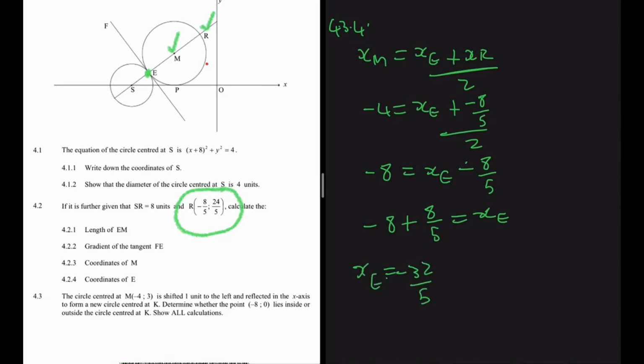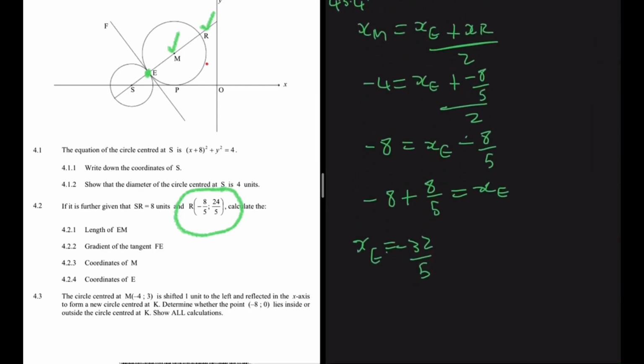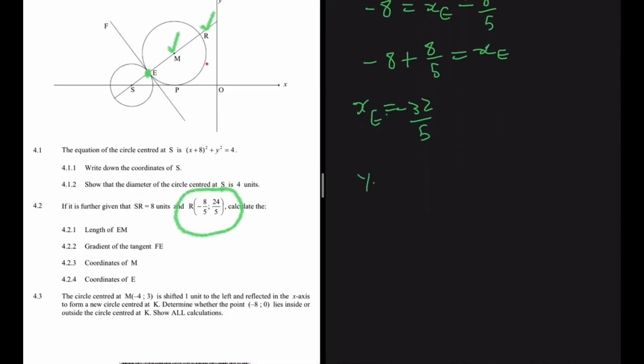Now we can move our attention to y of E. We are applying the same idea. We say that y of M will be equals to y of E plus y of R divided by 2. Y of M, that is 3, right? We have already established that. Then y of E plus y of R, which is 24 divided by 5, everything divided by 2.